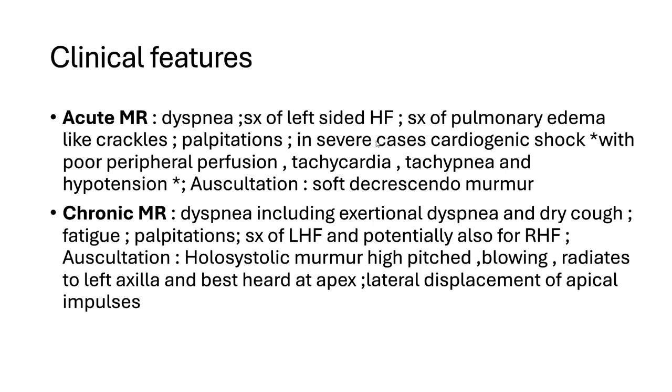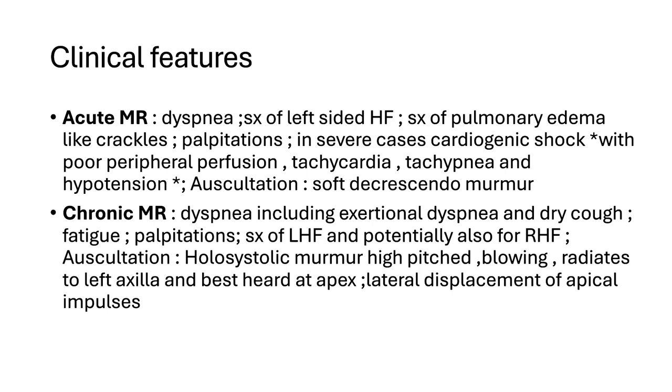So speaking about the clinical features in acute mitral regurgitation, patients will be presenting with dyspnea, symptoms of left-sided heart failure, and symptoms of pulmonary edema, like crackles and palpitations.